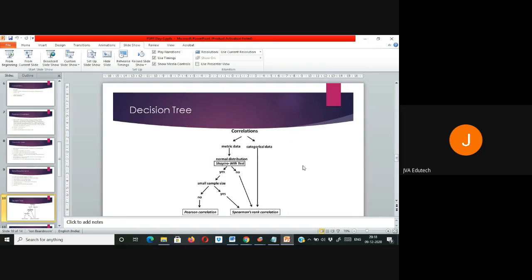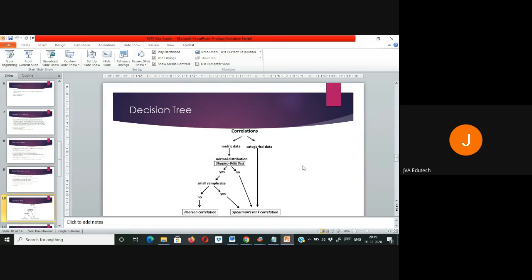This is the decision tree for correlations. If you have metric data, it is normally distributed and the sample size is small. However, now this doesn't stand true. You can do it on large sample sizes also. So sorry, yes, you can do it on large sample sizes also. If your sample size is large, you will go for Pearson correlation.